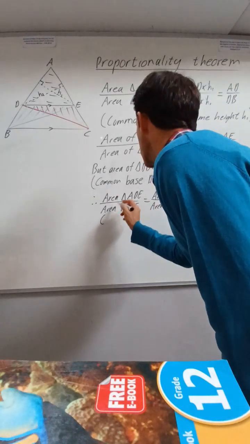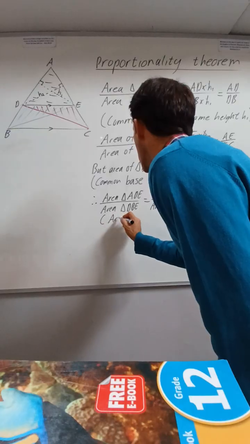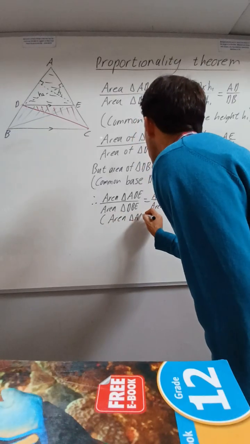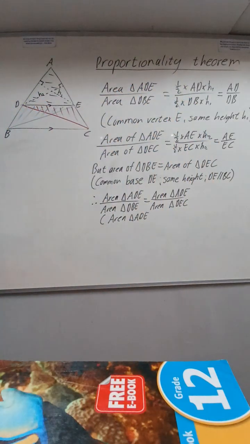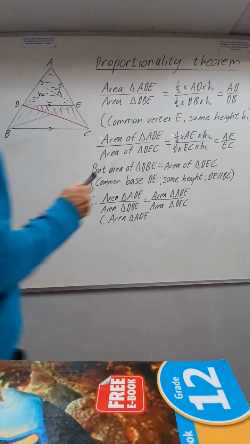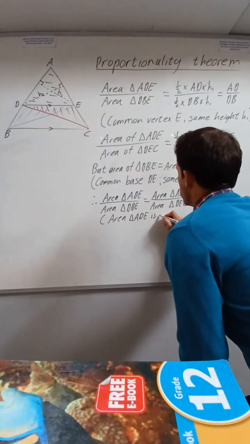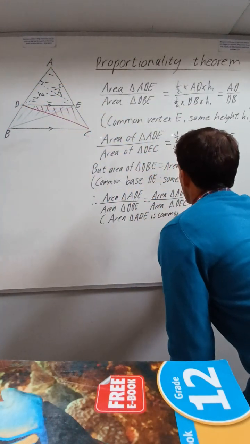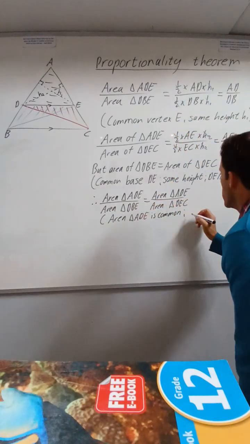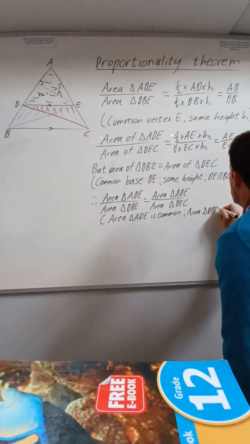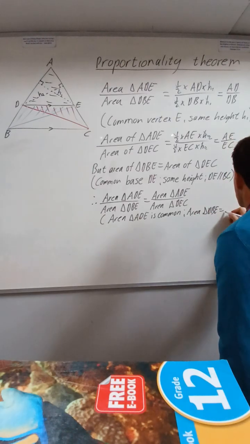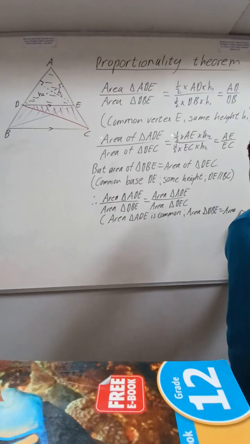Let's just say our reason for saying this is because area of triangle ADE is a common triangle. Okay, so that's the one thing. So it's common. And you can also say that we showed that area of triangle DBE is equal to the area of triangle DEC.